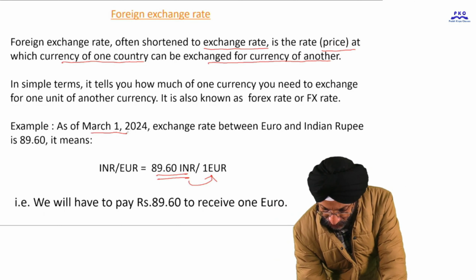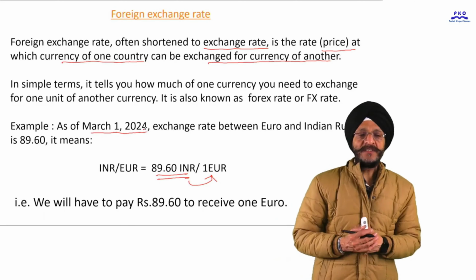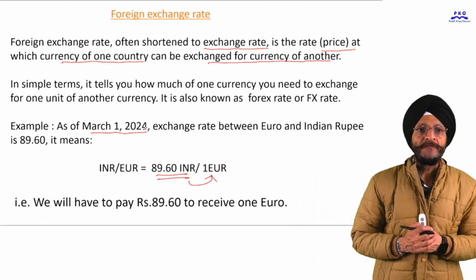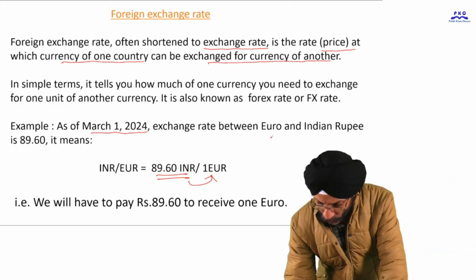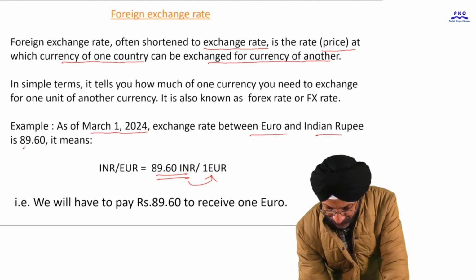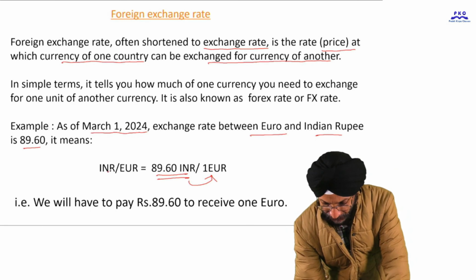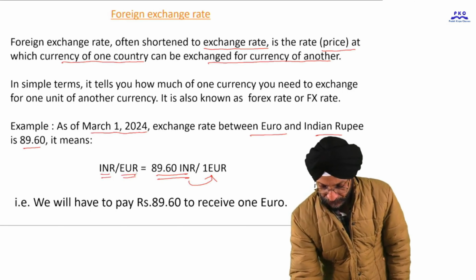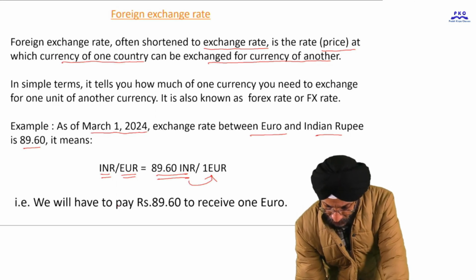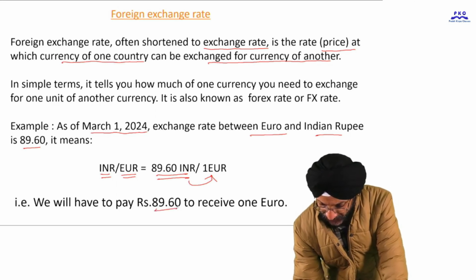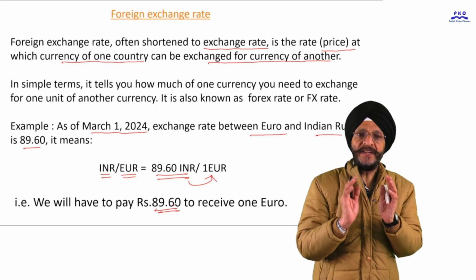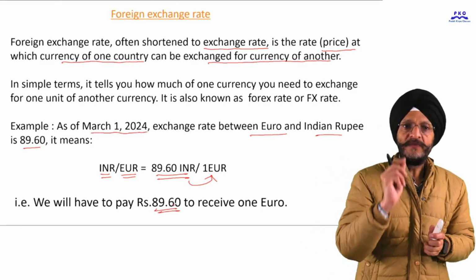As of March 1st, 2024, exchange rate between euro and Indian rupee is 89.60. Here it is Indian rupee, it is euro. So we will have to pay 89.60 Indian rupee to receive 1 euro.